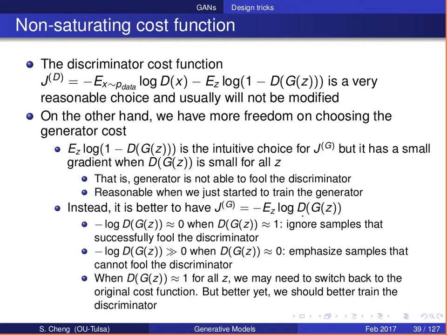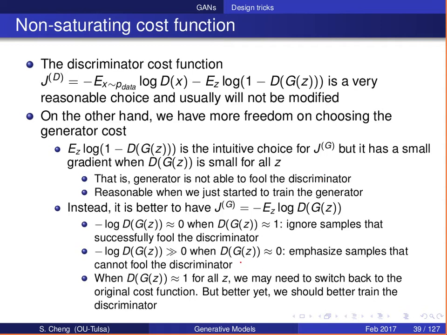Now if you look at this guy here, when D(G(z)) is approximately equal to 1, that's basically saying that the generator is able to successfully fool the discriminator in that case. Then we'll basically ignore this cost, right? For this particular case, we will ignore this cost.